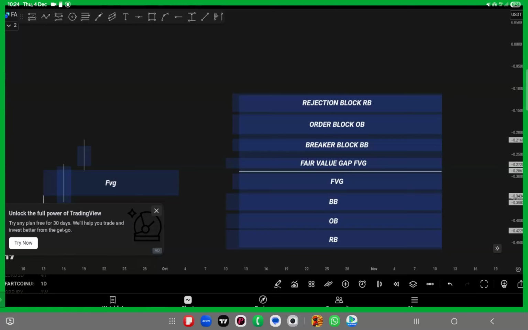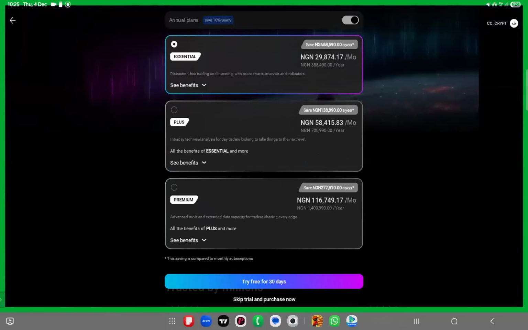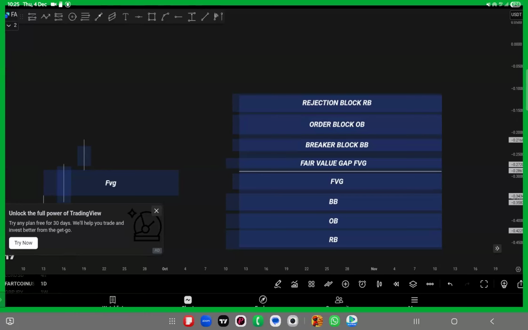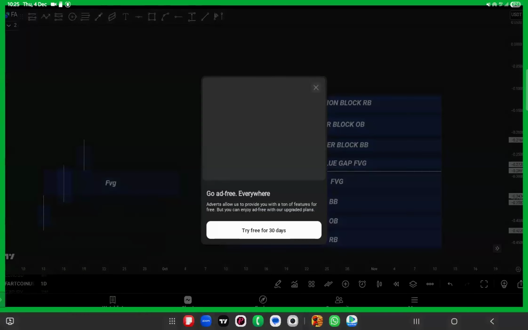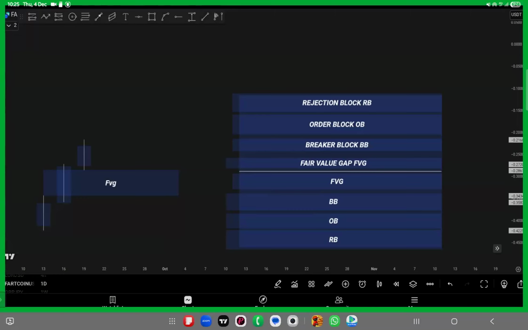Because what an order block is trying to tell us is that it should be a large volume, and you can only see large volume when smart money guys are involved, when they are in that market. That's when you will see large volume in the market. This is why I say that the order block is the one that fits better when it comes to smart money concept.